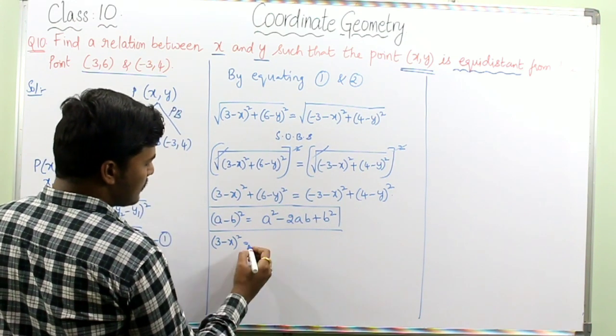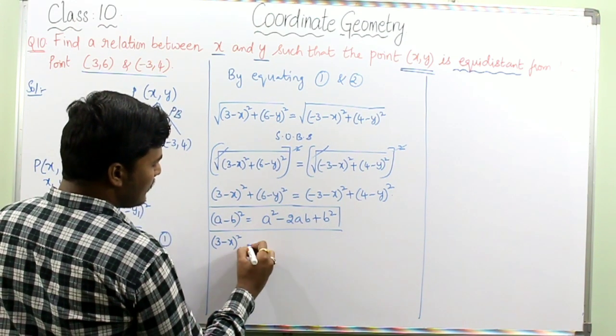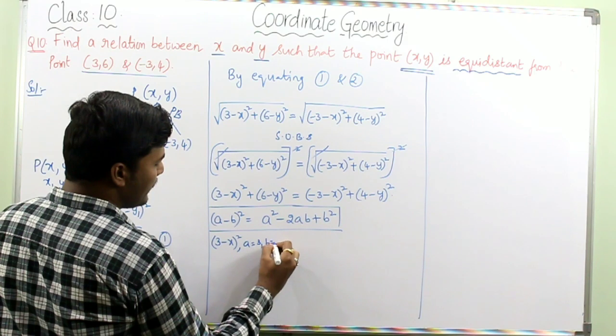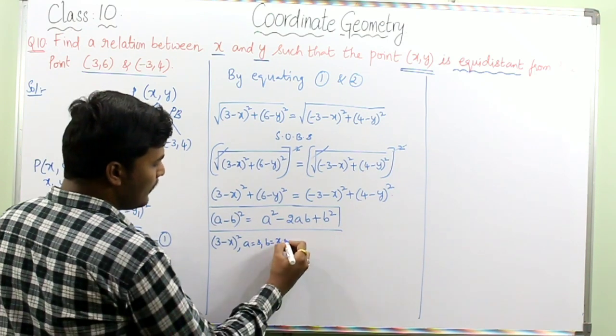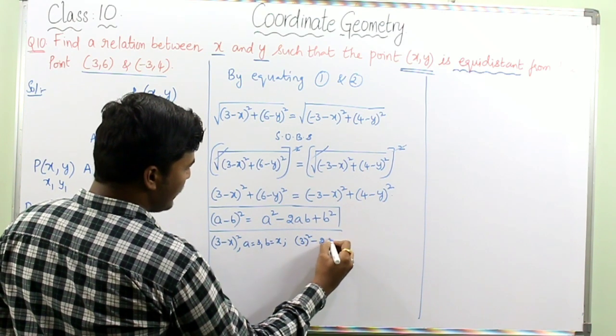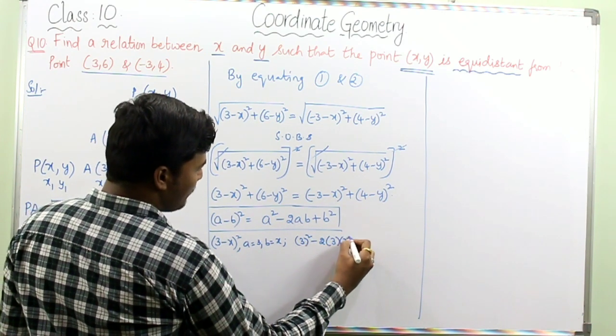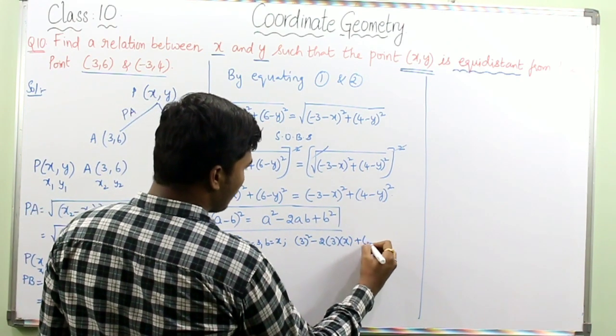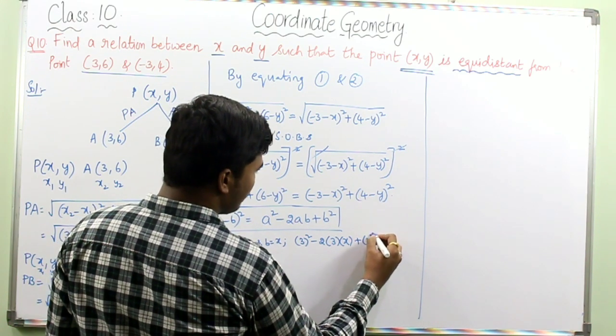So (3 minus x) whole square. What is a here? In this, a is 3 and b is x. So now it will become a square, that is 3 square, minus 2 into a into b, plus b square, which is nothing but x square.